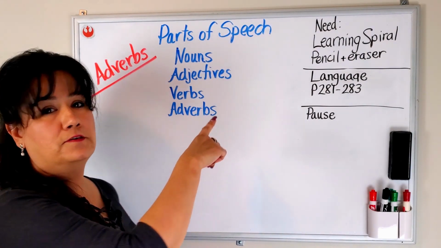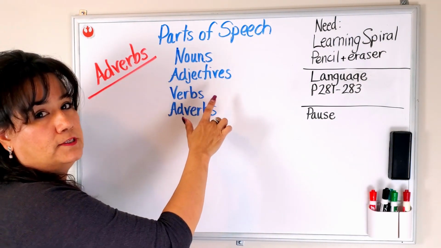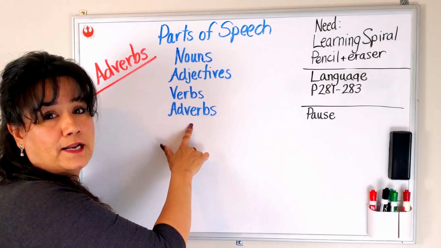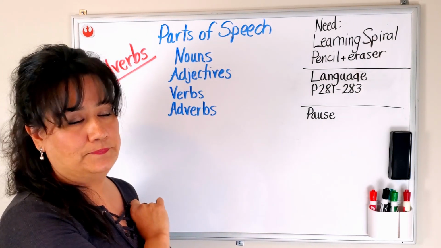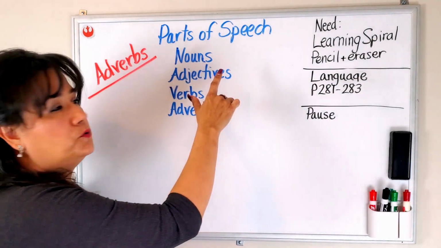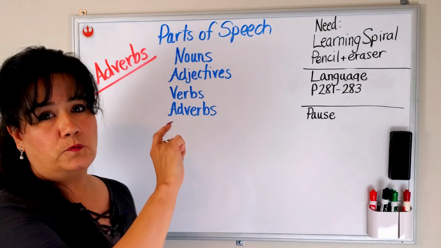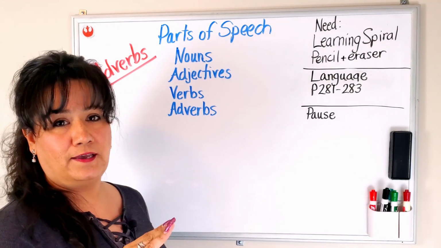We're talking about parts of speech, and we have nouns, adjectives. We know about verbs, and now we're going to learn about adverbs, and I'm going to talk to you about that today. So I do want to add something to remember that we said nouns were PPT, person, place, or thing.